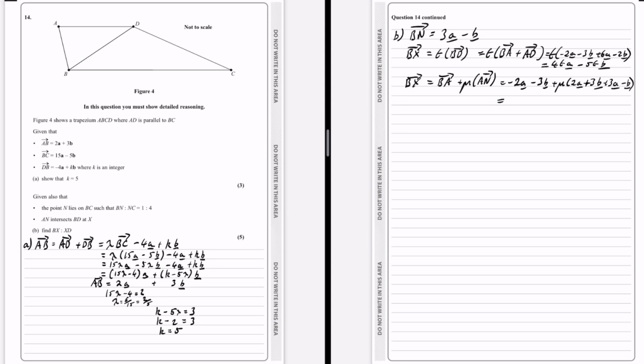And then if I collect together the stuff inside the brackets and expand it out, we'll get minus 2a minus 3b plus 5 mu lots of little a plus 2 mu lots of little b.